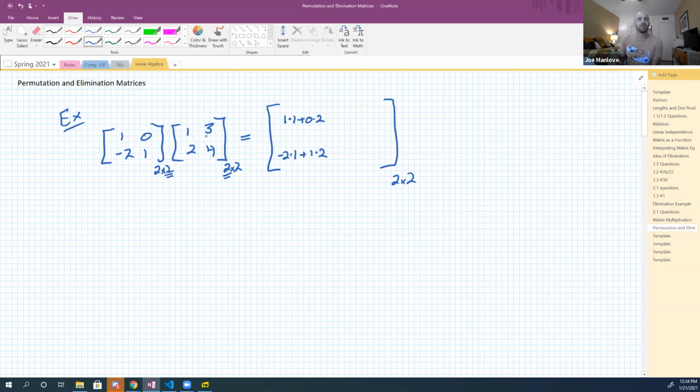Then I'm going to take 3, 4 and dot it with this guy, so I'm going to get 3 out of that. Then I'm going to take 3, 4 and dot it with this guy, and I'm going to get negative 2 out of that, I think. Let me write that out to be immensely clear.